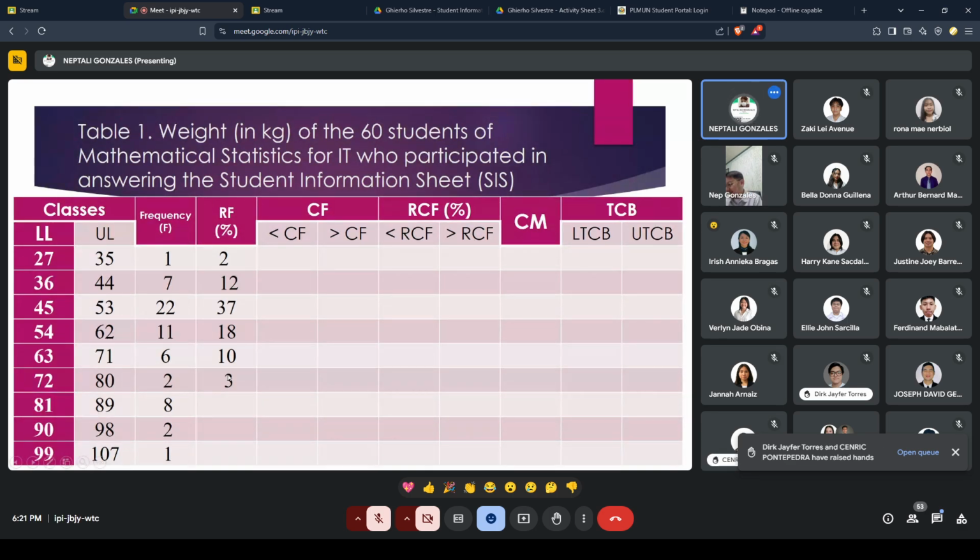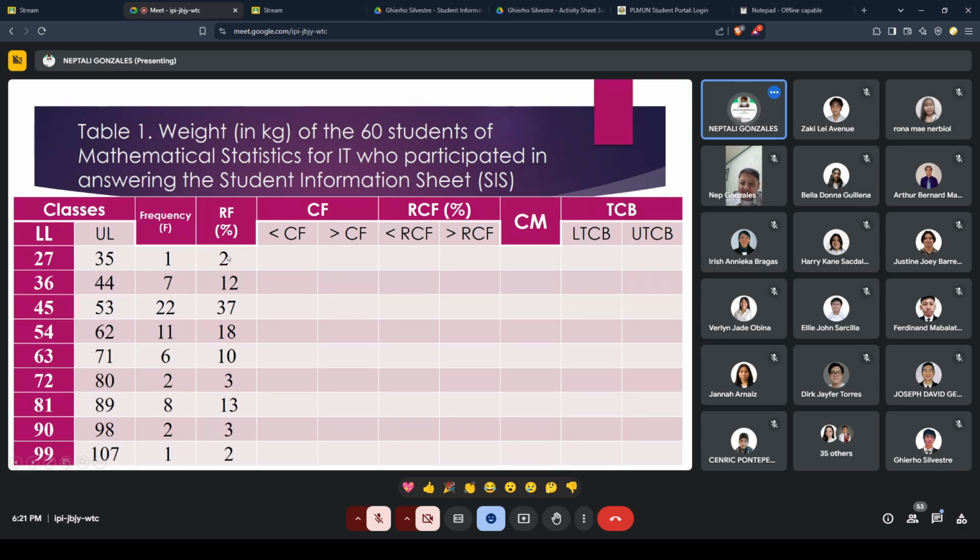Dirk, next. 13 po, sir. 13. Okay, very good. Same value. We have already the 2. So it's 3%. And we already have the value for the first class. That is 2%. To know if your relative frequency is correct, just add the relative frequencies.